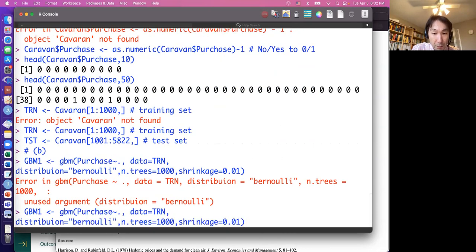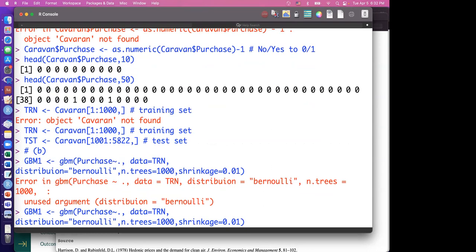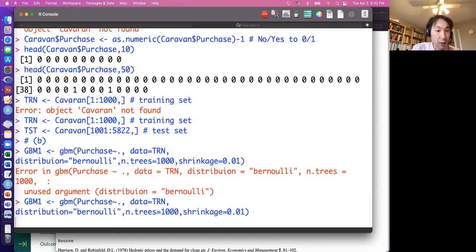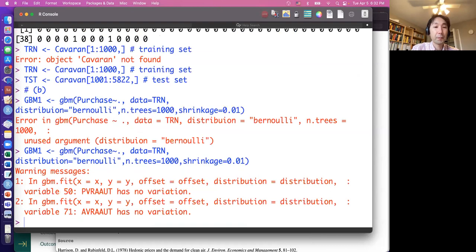Unused argument. Bernoulli. Oh, sorry, the T is missing. Distribution. Sorry, distribution. Yeah, so that's it.